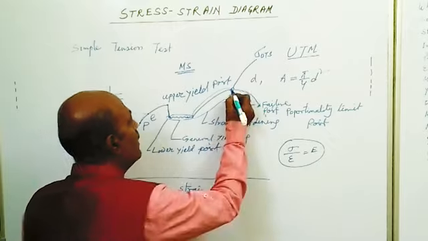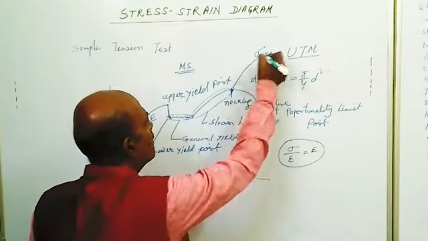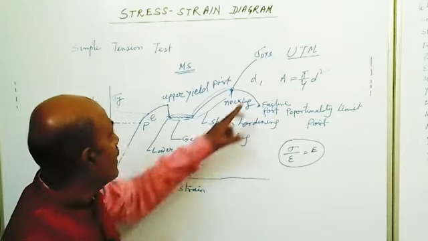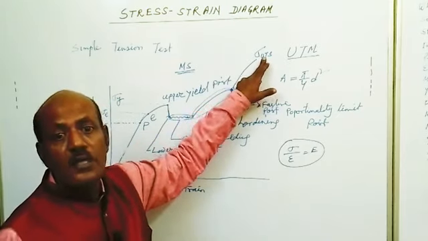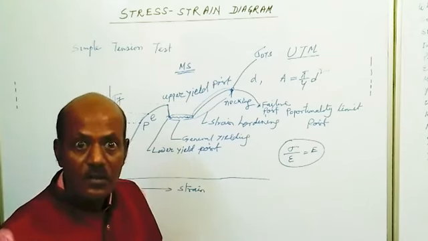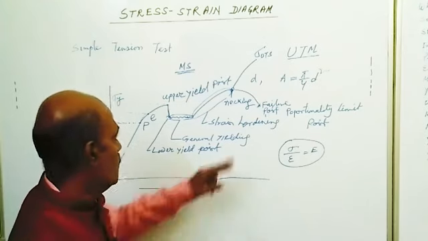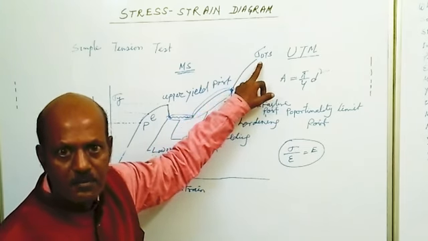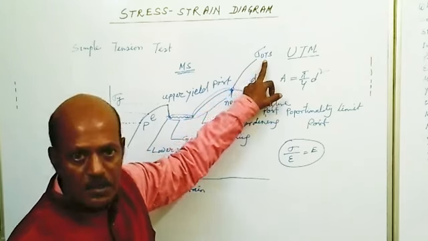And ultimately, this is the maximum stress seen in the graph, that is called sigma UTS. That is the actual strength of the body. This is the maximum resistance offered by the body before failure. So sigma UTS, expressed in stress terms, is the actual strength of the body.